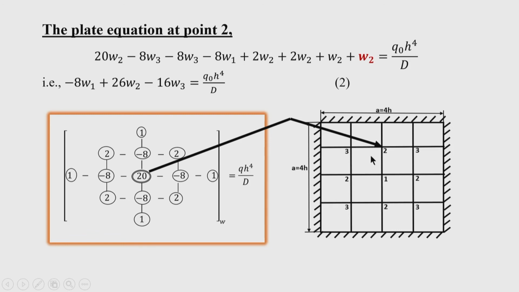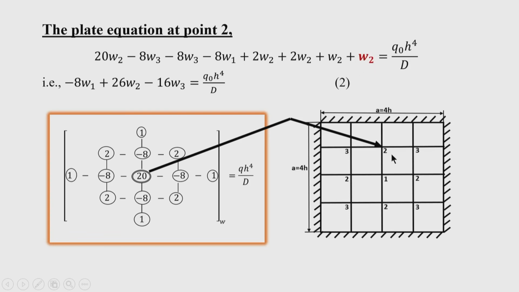But minus 8 is falling here, and another point is falling on the imaginary point, at the same distance. The imaginary point deflection will be equal to the deflection of node 2 because of the condition that we have derived.